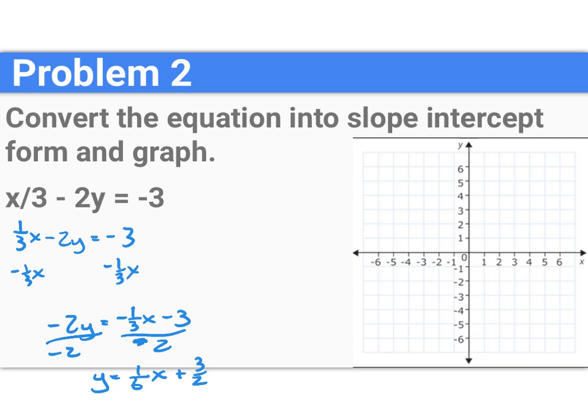Okay, so let's graph this. So 3/2 is our intercept, and that's 1.5. And so what the slope tells us is that we go up 1 and over 6. So go up 1, 1, 2, 3, 4, 5.